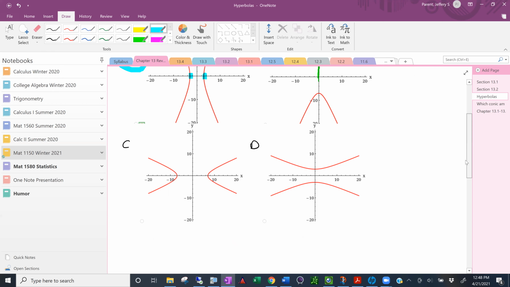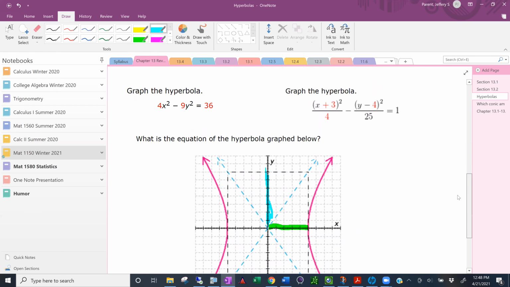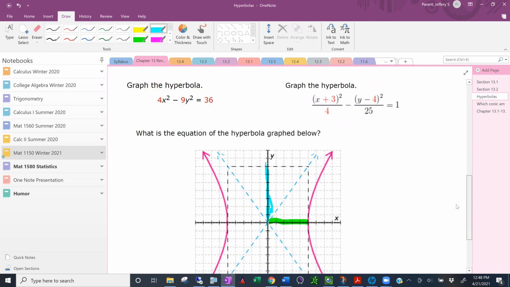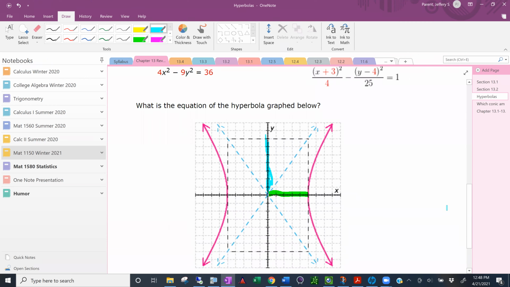Let's do a little bit more work with hyperbolas. When you graph hyperbolas, at least the way I teach it in class, we draw this box here. And this box allows you to draw the diagonals, which are asymptotes to the graph.